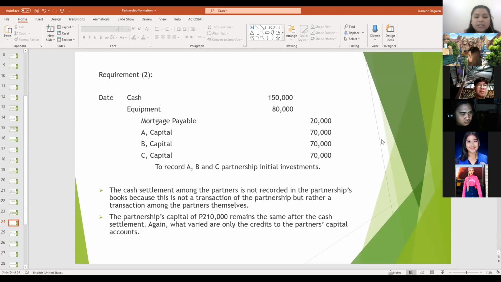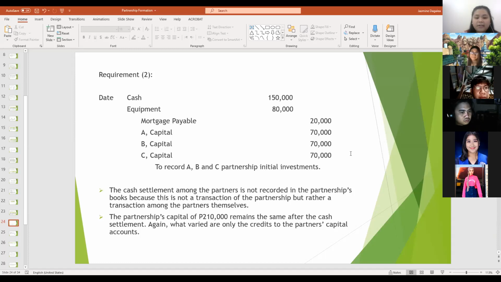Notes. The cash settlement among the partners is not recorded in the partnership's books because this is not a transaction of the partnership, but rather a transaction among the partners themselves. Yan yung sinabi ko na they will be settling themselves outside the partnership. The partnership's capital of 210,000 remains the same after the cash settlement.